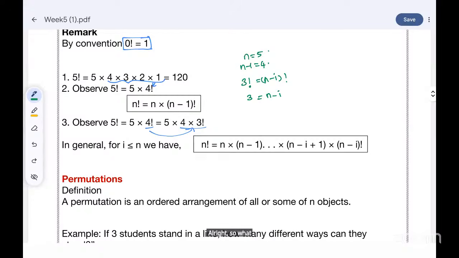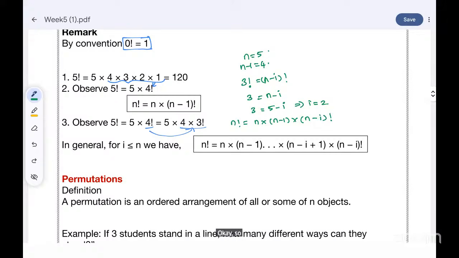N is 5, so what should my i be? i is 2, right? So in this case, n factorial is simply n into n minus 1 into n minus i factorial, where i is nothing but 2.